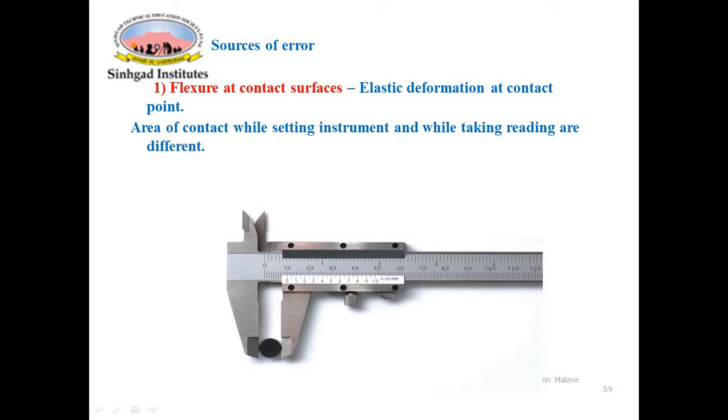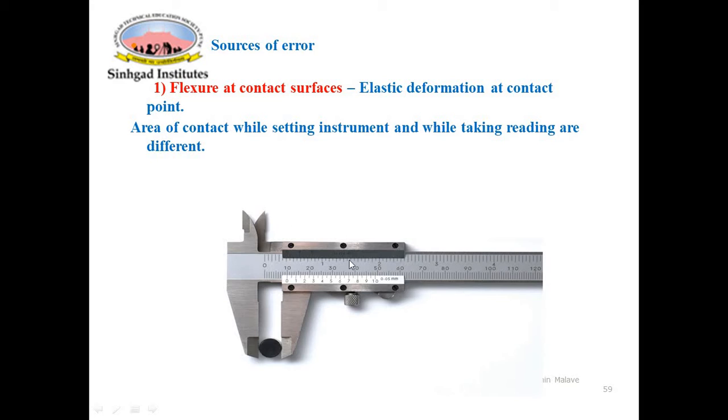Now if the correct pressure is not applied, it might happen that the area of contact while setting the instrument and the area of contact while taking the readings are different, and because of that we may get the wrong reading.